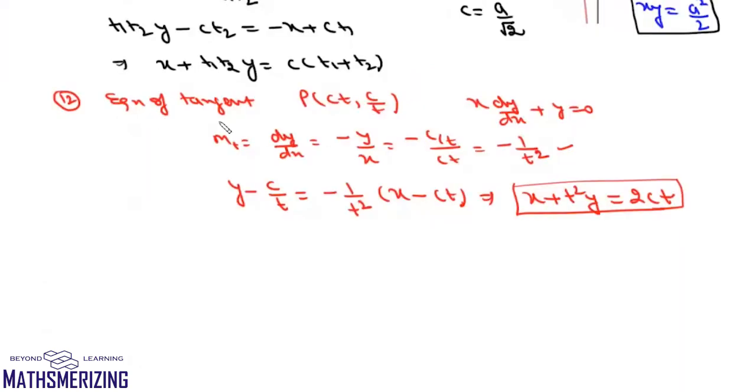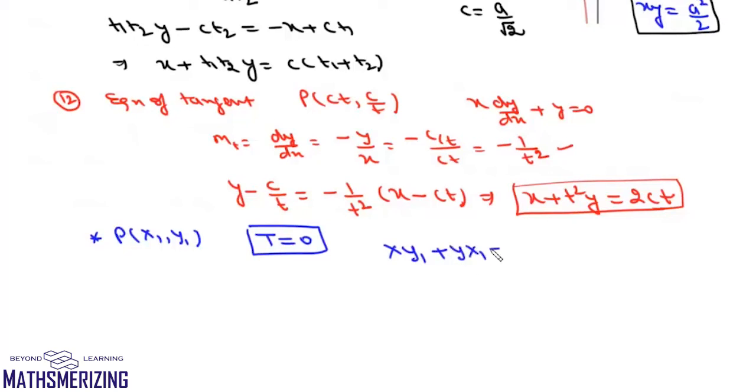Now another way to write the equation of tangent to this hyperbola is in terms of any given point P, say x1, y1. Now we have already studied that if the point lies on the curve, then the equation of tangent is given by T equals 0. Now for this hyperbola xy equals c square, we'll write T equals 0 as xy1 plus yx1 equals 2c square.